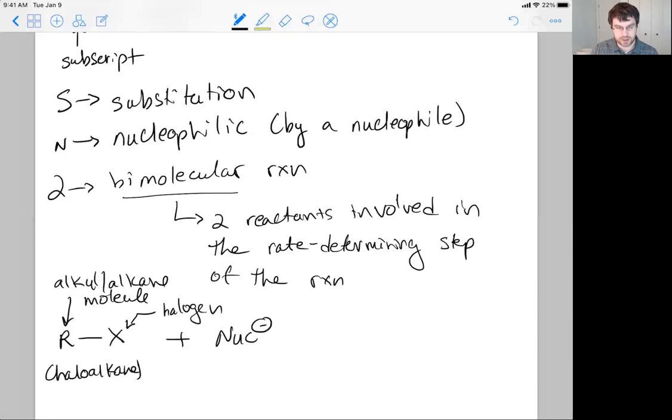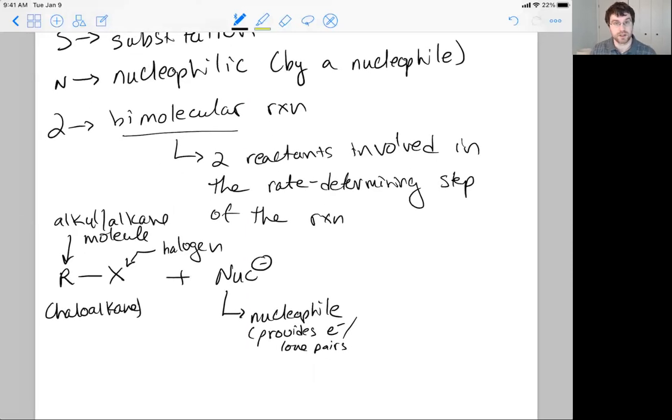And we're going to let that react with a Nuc minus. I think we discussed this in a previous lecture. This is our nucleophile. The nucleophile provides or donates electrons, usually in the form of lone pairs.